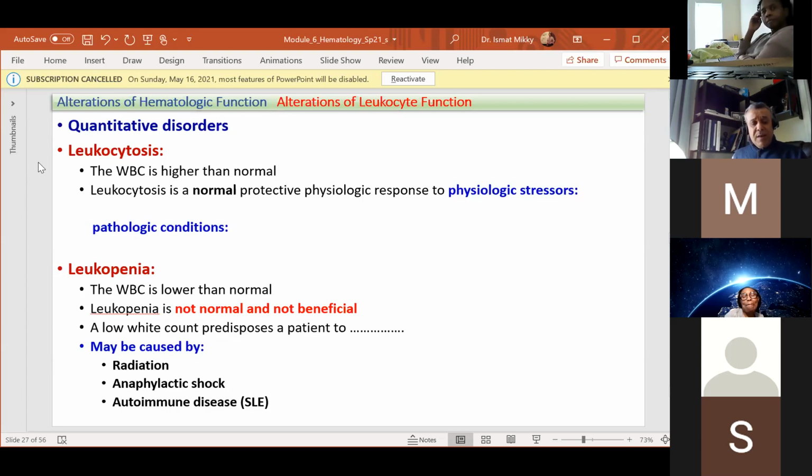So a patient is going to be susceptible to infections with leukopenia, with a low white blood cell count. In the hospital, we have something called reverse isolation, which you will apply in the adult health 1 course, also called reverse precautions or leukopenic precautions. It means you have to isolate the patient because of the significant decrease in white blood cell count. The patient should not be placed in a room with another patient, because the patient should be protected from others.